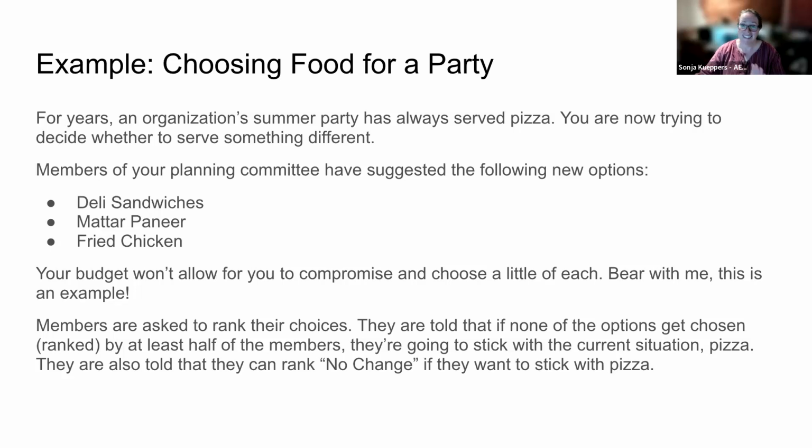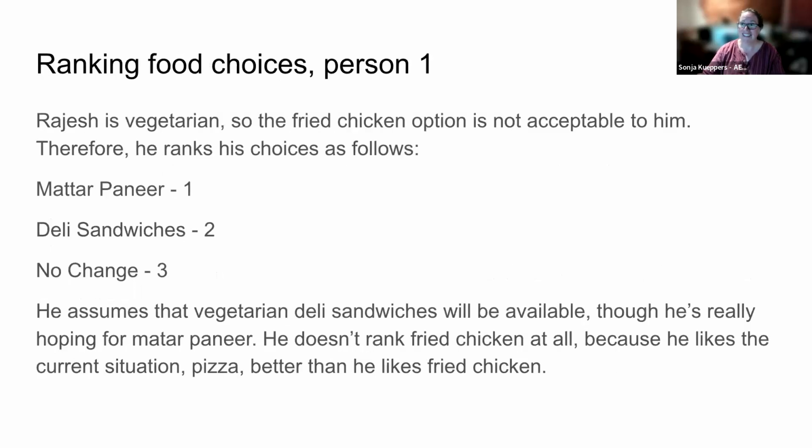So that's our scenario. Now, the first person in our membership, we have only 5 members because it's an example, Rajesh, he's a vegetarian, so fried chicken is not acceptable to him. So he ranks the choices as follows. He chooses mutter paneer first, deli sandwiches second, because he assumes that there are going to be some vegetarian sandwiches, and he ranks no change third.